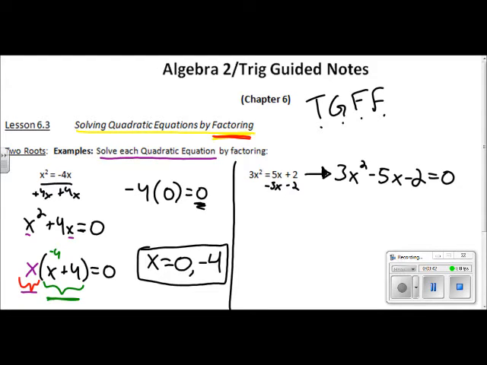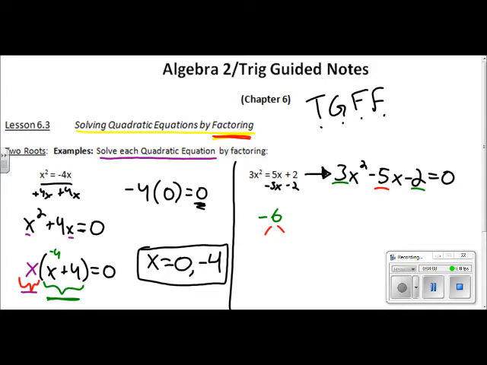Now once we have it in this form, we're going to need to use another method of factoring. Before we called it the AC method, and it was a little bit longer, I'm going to show you a simplified version of the AC method. It starts out the same, where we take a and c, 3 times negative 2, and we get negative 6. And we're looking for the factors of negative 6 that will add to negative 5.